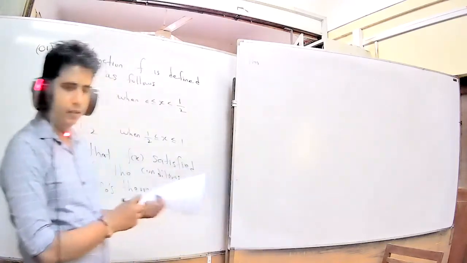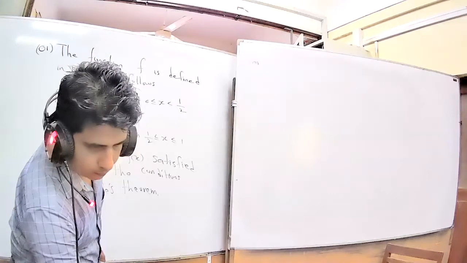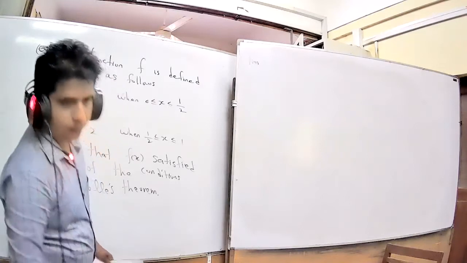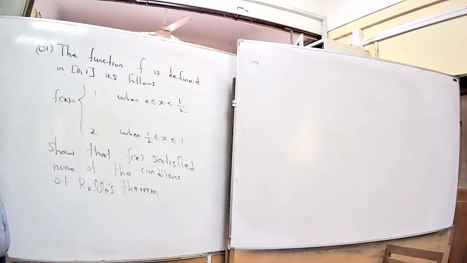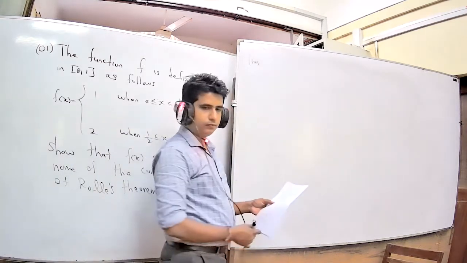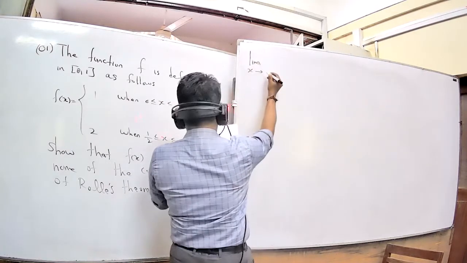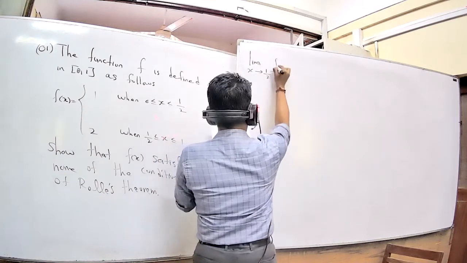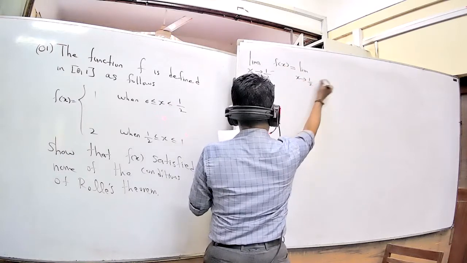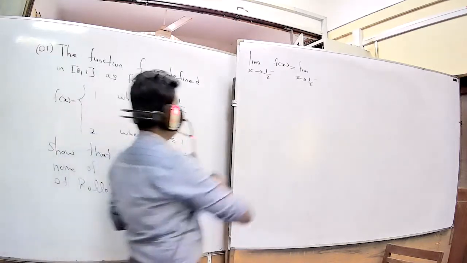For the left limit, as x tends to 1/2 from the left, x is inside the interval where the function takes the value 1.